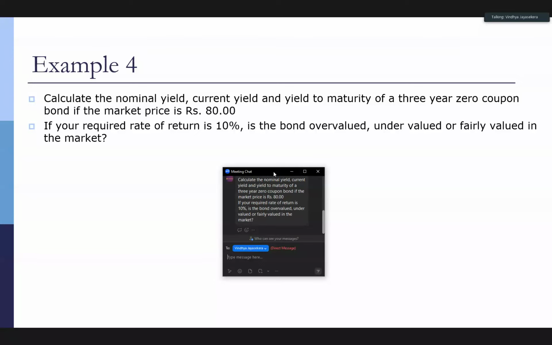Is the yield to maturity right, Miraj? I'm getting slightly different, I think. Not positive, but my calculations came out slightly different.